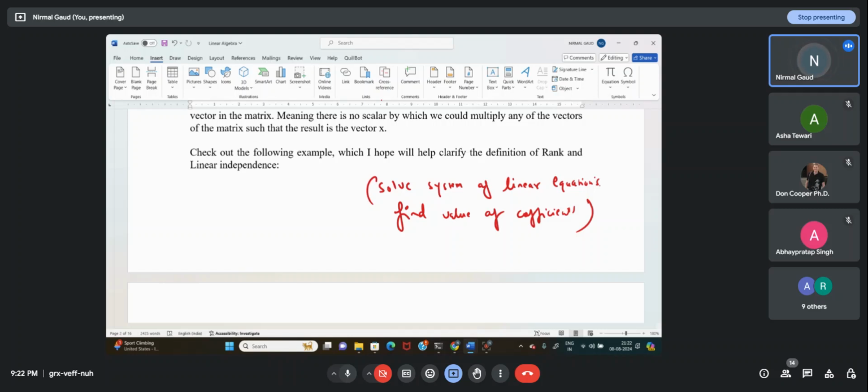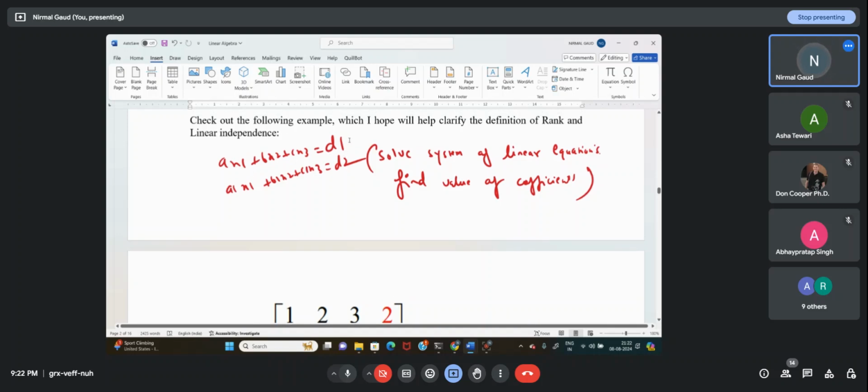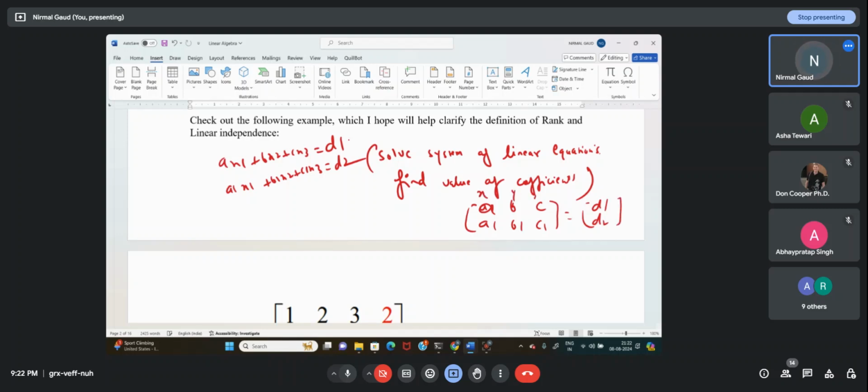See, if you are writing like this: a x1 plus b x2 plus c x3 equal to d1. If you are writing something like a1 x1 plus b1 x2 plus c1 x3 equal to d2. If I write like this, you will organize them in this way: a, b, c; a1, b1, c1, equal to d1, d2, and this is x, this is y, this is z.